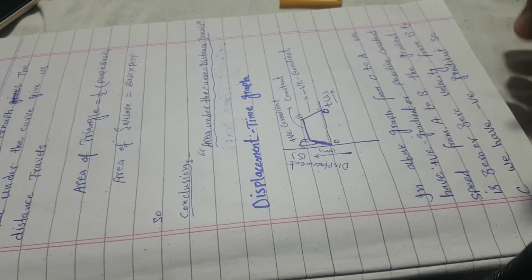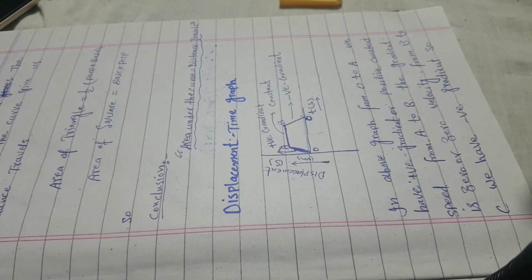So we can say that in the above graph from O to A we have a positive gradient, meaning increasing speed.